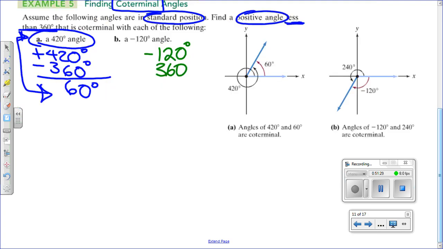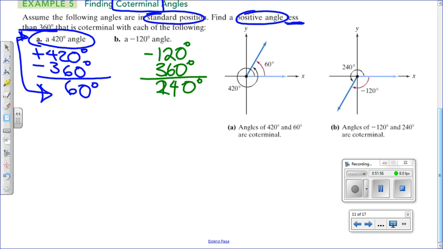Let's add 360. That gives 240. Yeah. And so we have the pictures right there on the right side.